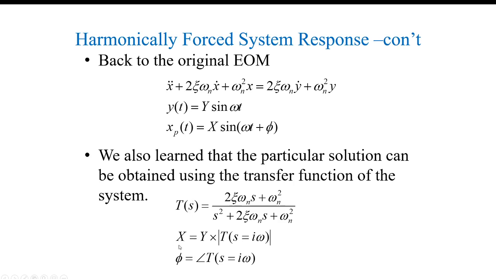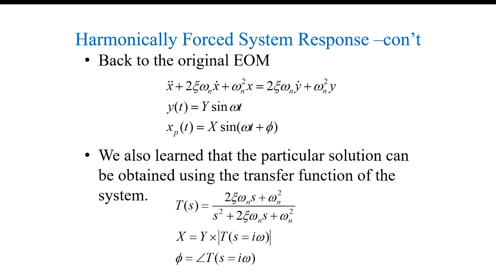The capital X, which is the amplitude of the response, is the amplitude of the input displacement, capital Y, times the magnitude of the transfer function evaluated at s equal to i times the forcing frequency, the input frequency. The phase phi of the output is the angle of the transfer function. When you evaluate s at i times omega, the transfer function will be a complex number.